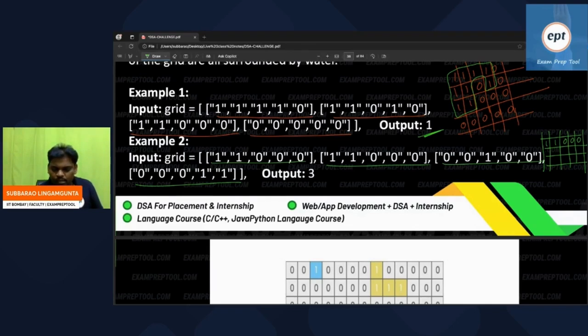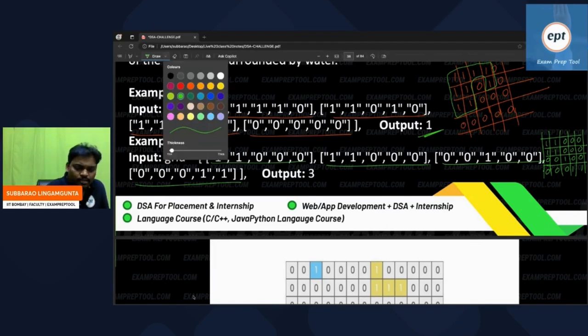Next one is 11100. Next one also 11100. Third one is 00100. The last one, 00011.